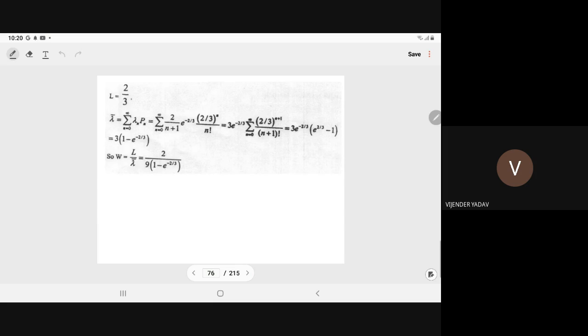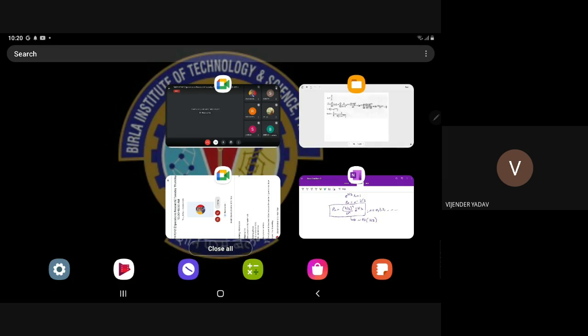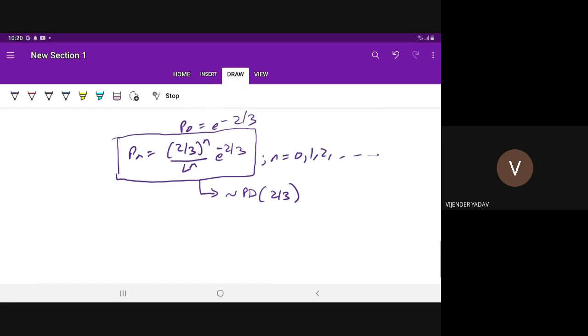Thereafter, we have to compute the L. We know that for the Poisson distribution the average, the mean number of customers, is the parameter. Lambda generally we denote for the arrival, so let's say gamma.